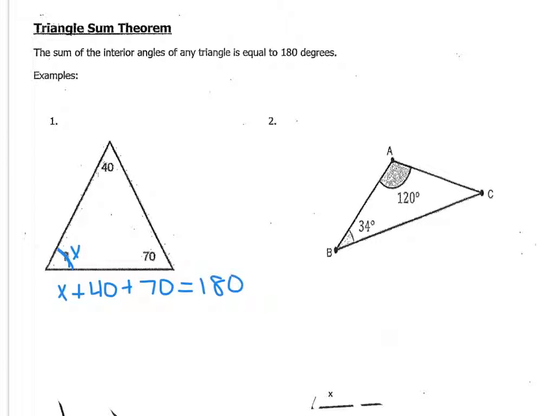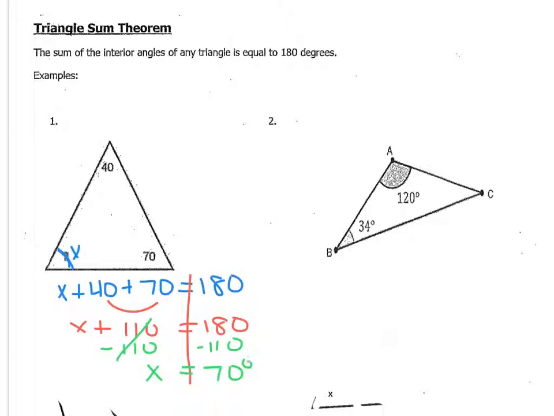Then I can solve the equation to find what that angle must be. If I add these together, I get 110 equals 180. Now, if I subtract 110 from both sides, I would end up with x equals 70 degrees. So I know that this angle right here is 70 degrees.